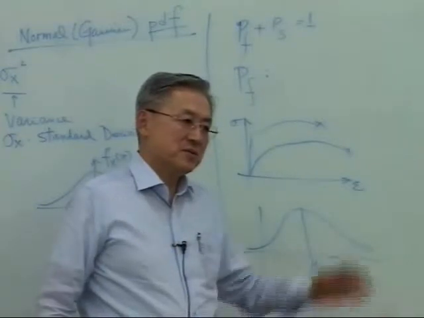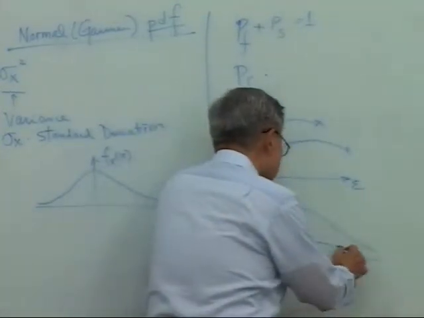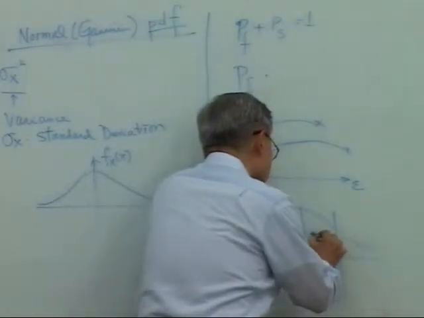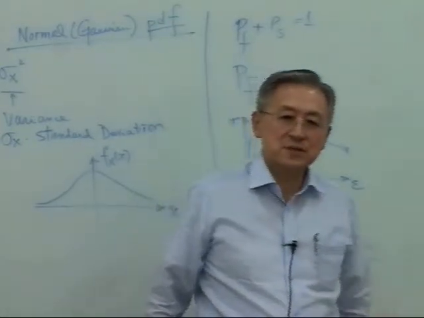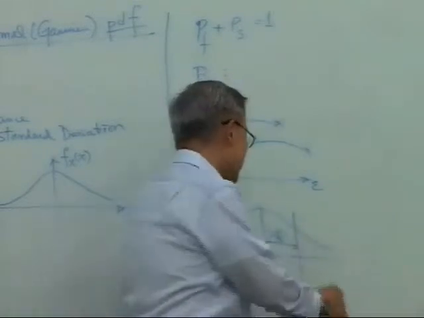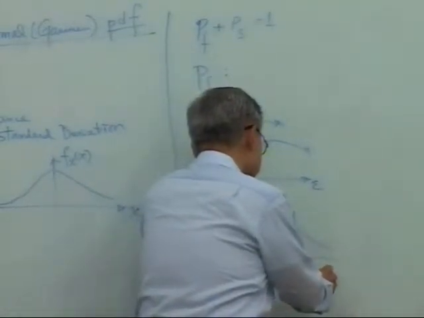In a usual design manual, you take 3 sigma x or 2 sigma x, jack it higher, then set this as the design strength.